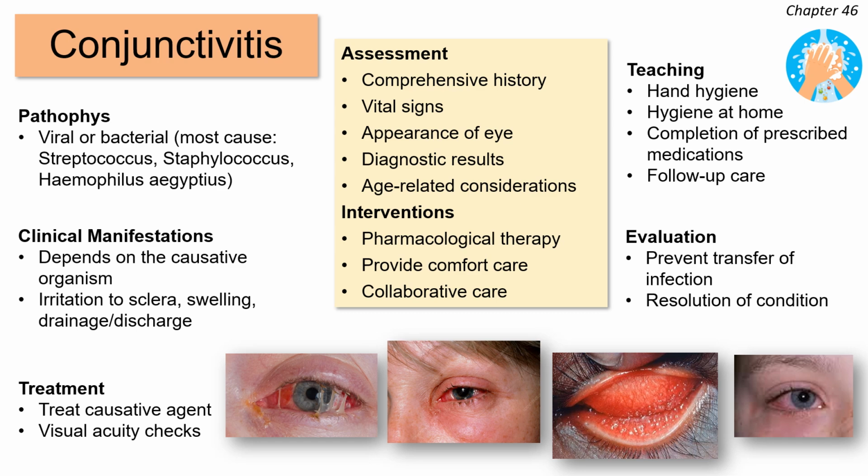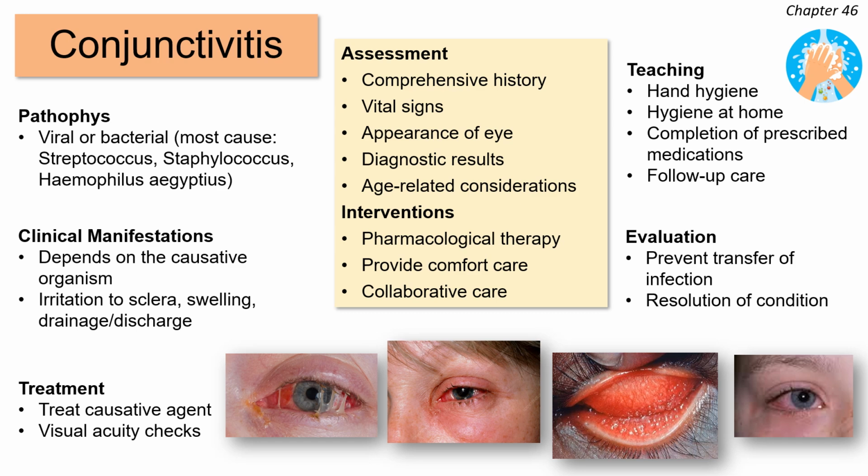Diagnostics, so most of this diagnosis is going to be based on the physical examination and history. It is possible that the doctor will want to take a culture of that purulent drainage, but usually that's not necessary, but it is an option.